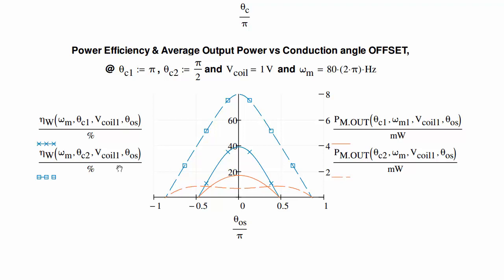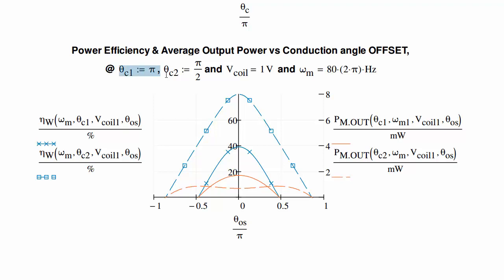Okay, so I have two different curves because I'm looking at a fixed conduction angle of pi. That's our maximum angle that we can energize the coil over before onset of actually having a net negative power delivered, right? We start using the motor somewhat as a generator.